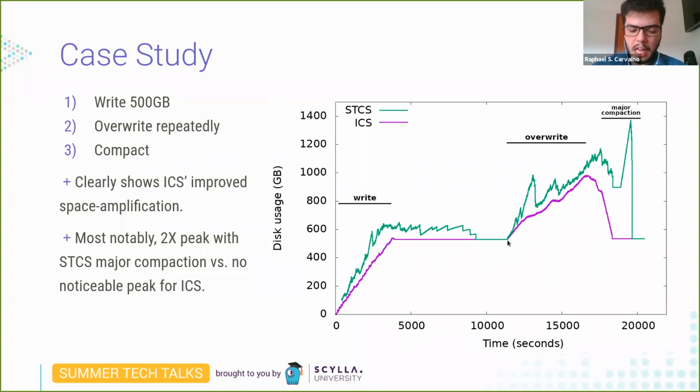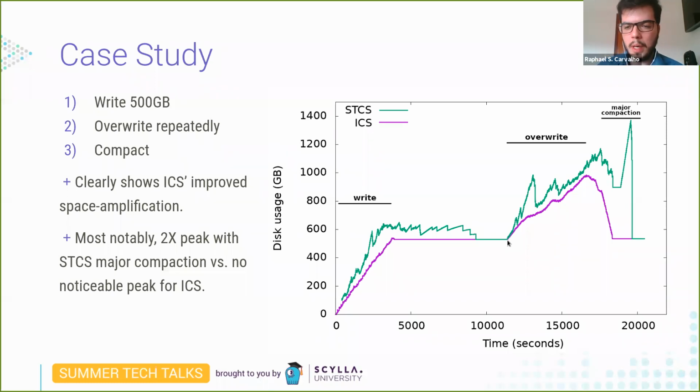And even though it's the worst case scenario for both strategies, ICS is able to release disk space and provide the user with more predictable disk usage. You can see that it has no spikes at all. It grows like STCS, but the disk usage peak doesn't grow as much as STCS.